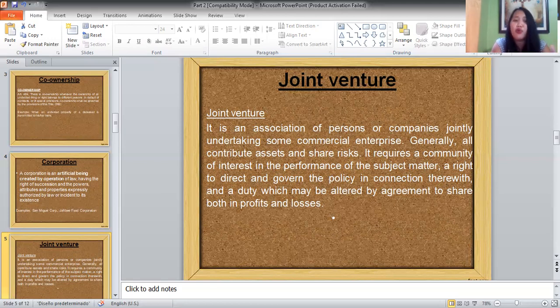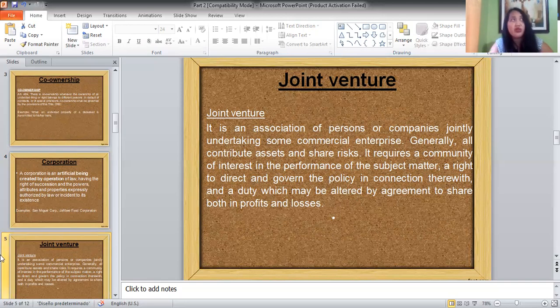So, on a particular undertaking lang siya, on a particular period or a particular activity. After 5 years, after they have extracted the minerals, matatapos na yung joint venture. So, hanggang dun lang siya, class. On a particular undertaking only.